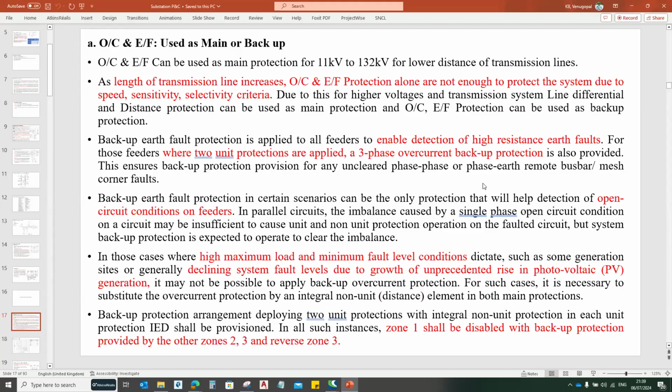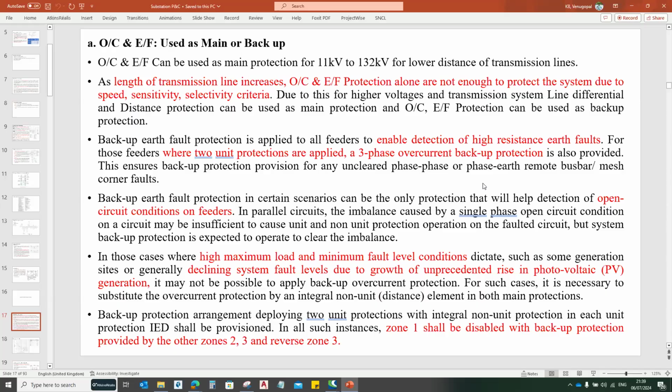The main disadvantage of overcurrent and earth fault protection relays is that there will be time grading, which is not sufficient to protect a transmission line of more than 2 or 4 kilometers. That's the reason we go with differential and distance protections, to monitor the complete length of the transmission lines.